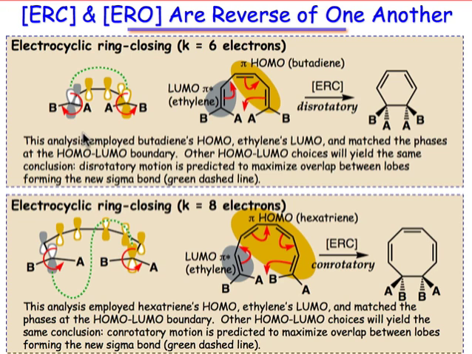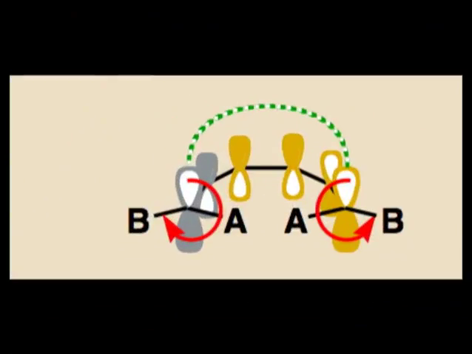Where you break up the HOMO-LUMO domains isn't so important, but what does matter is that at that HOMO-LUMO boundary, you need to match the phases on those atoms because that's where a new pi bond forms. So in the case of the 6-pi electron system, we have here the HOMO of butadiene phase matched at the boundary so that that's where a new pi bond will develop.